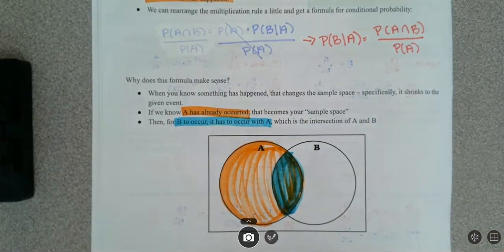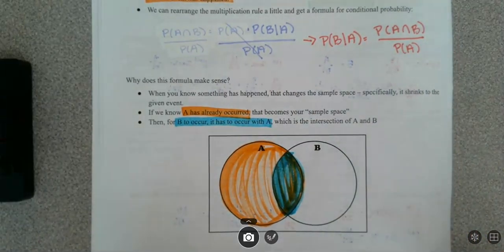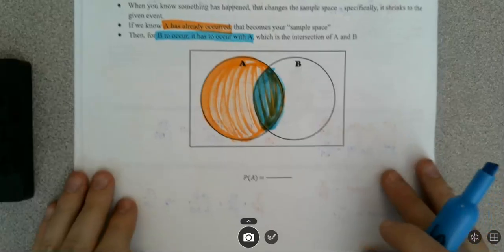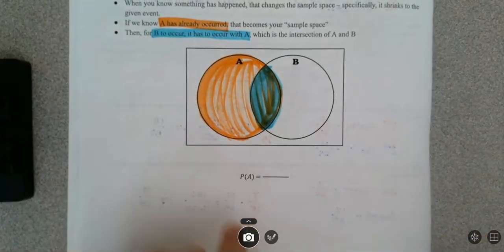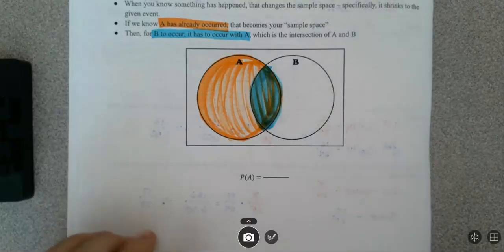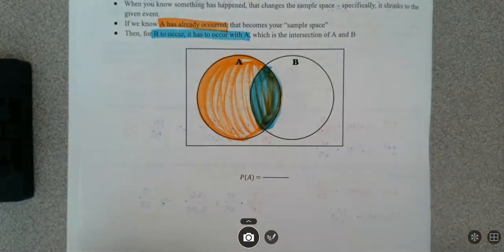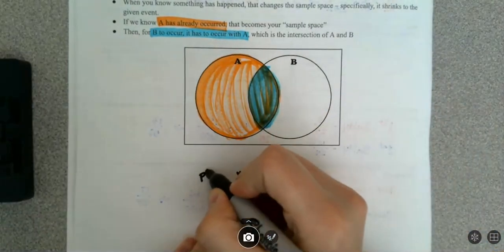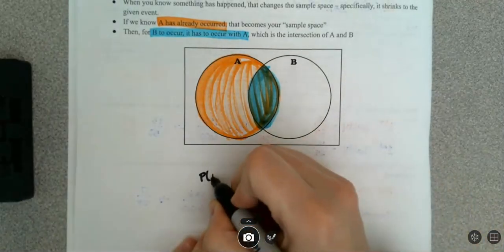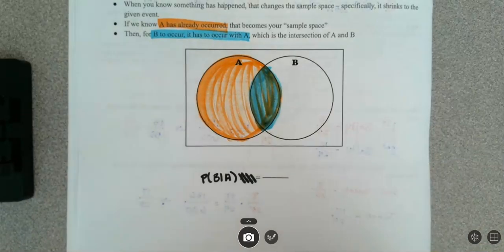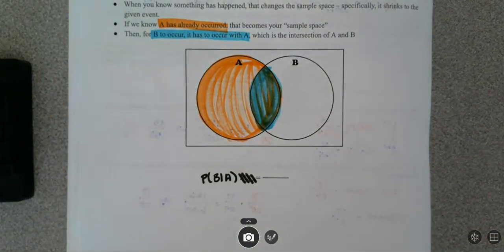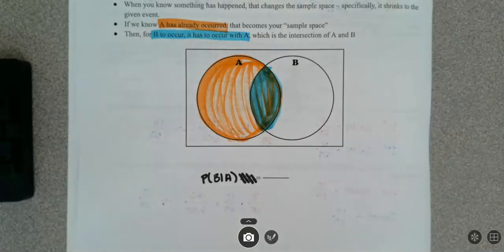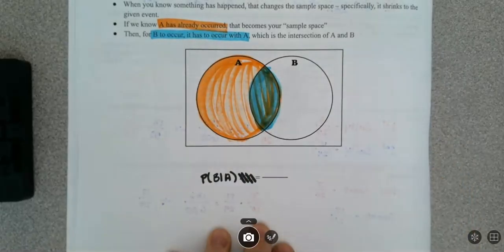So we now have that formula. If we take these colors and apply them to our formula, and there is a typo right here. I'm going to grab the Sharpie. This should be the probability of B given A. That's the formula, remember? We have A and B, that double intersection that I've highlighted in blue.